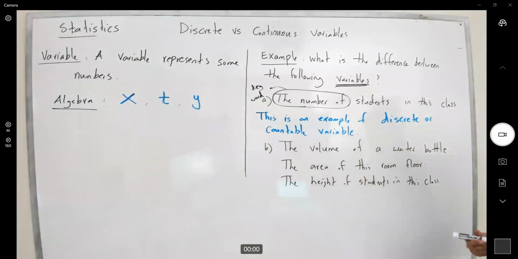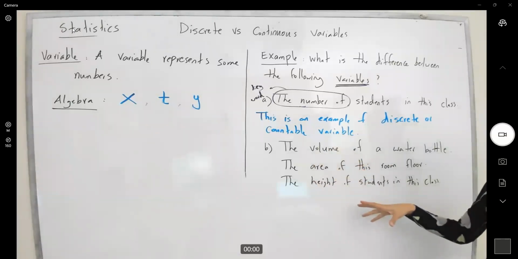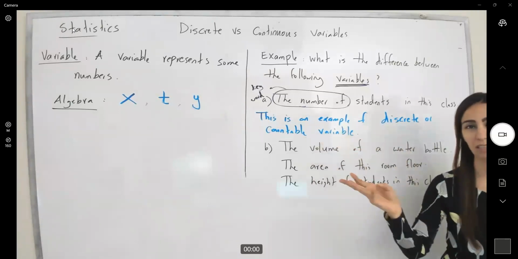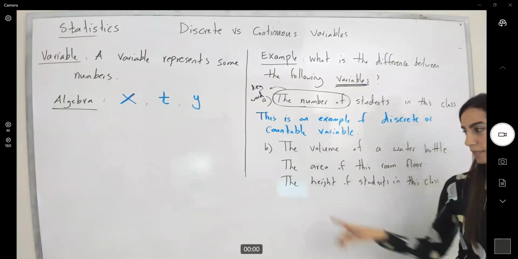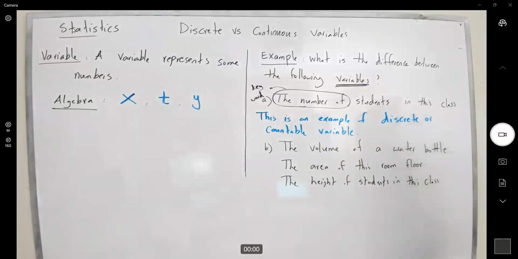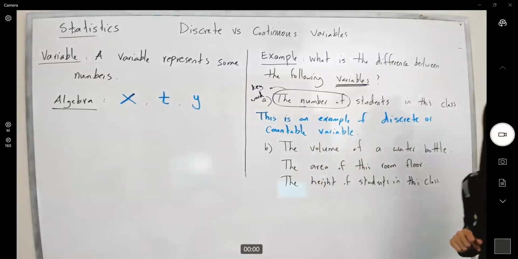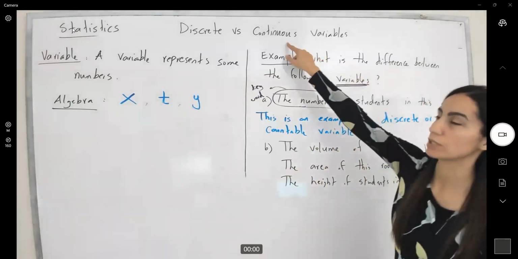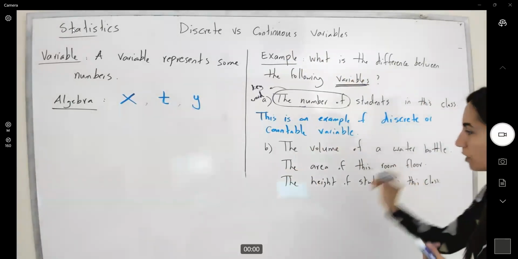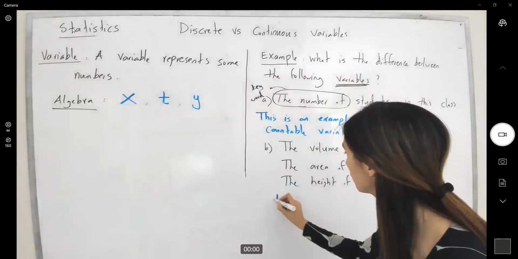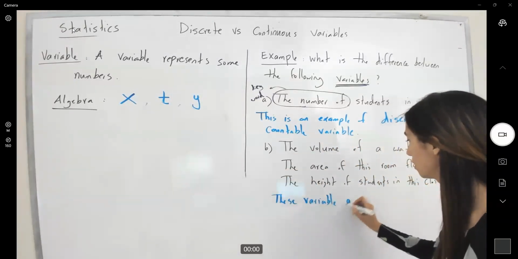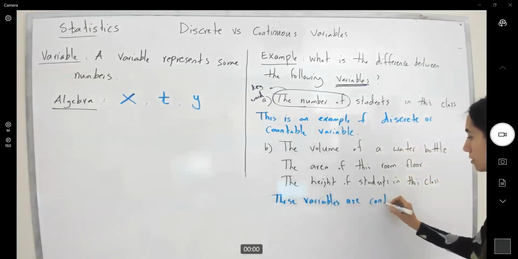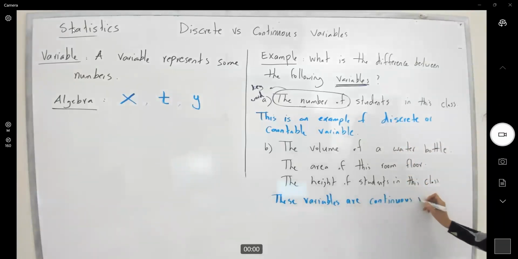For questions like this, you should be asking, are these discrete or countable? Can I count the volume? Can I count the area? Can I count the height of students? These are all examples of continuous random variables. So you're going to say, these variables are continuous variables.